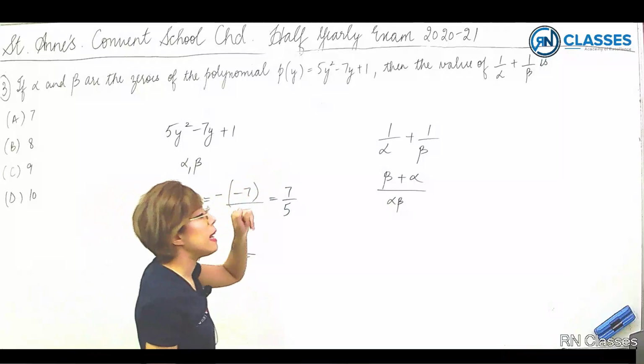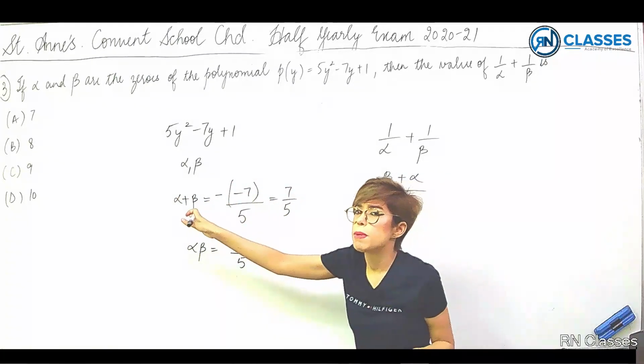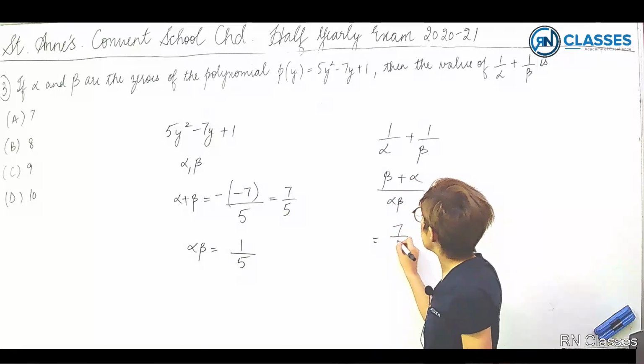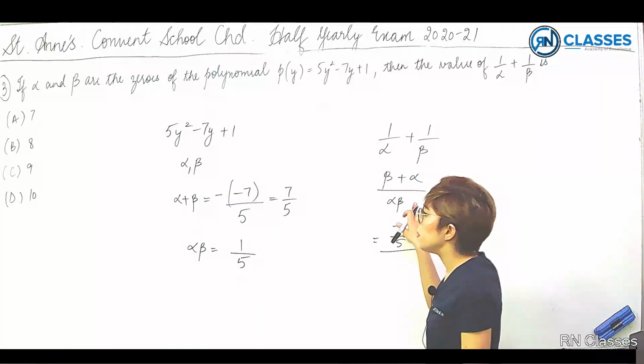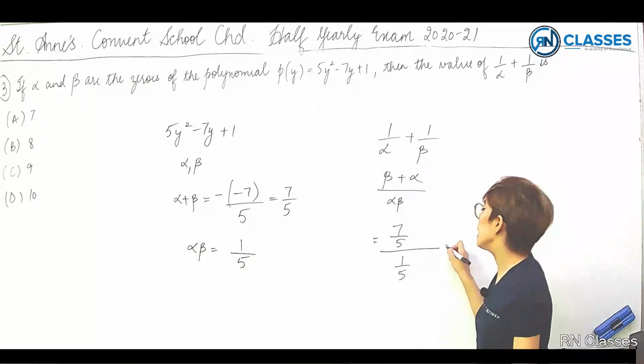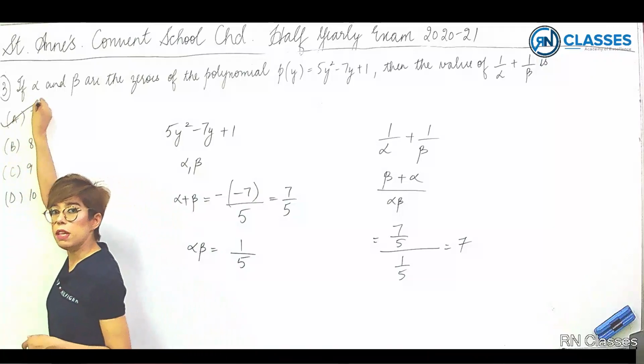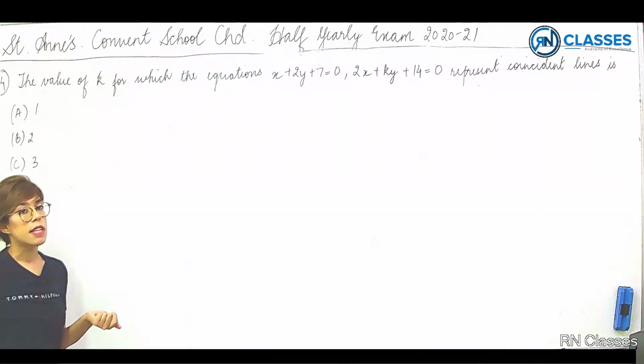Right? So directly I can substitute it here. So beta plus alpha, or I can say alpha plus beta is 7 by 5, divided by alpha beta, that is 1 by 5. So obviously I'll get 7. So option A is the correct one. Alright, so the next one.